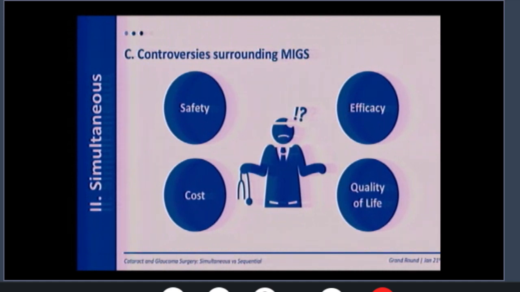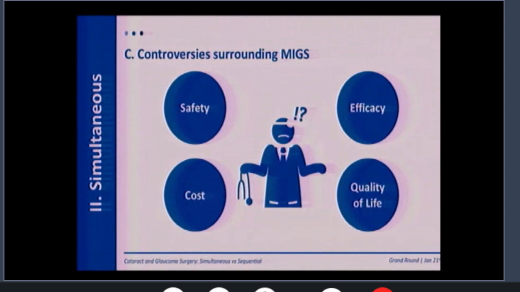I remember a lady that we did a MIGS on, and she was fine, medication-free, and we told her that you don't need any medications for your glaucoma, and she wasn't comfortable with that idea. She said, no, I need to use drops, so just prescribe whatever drop I was using. So the point is that quality of life differs according to the geographic location and according to the type of patients. So keeping all those four factors into consideration, people are split when talking about glaucoma.